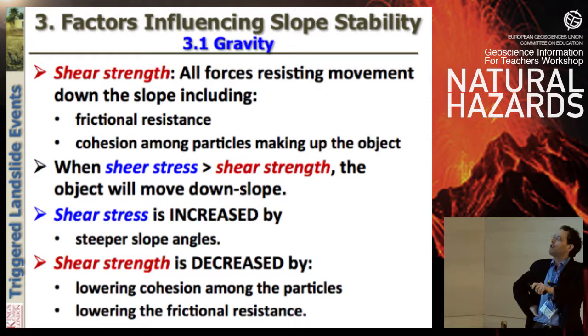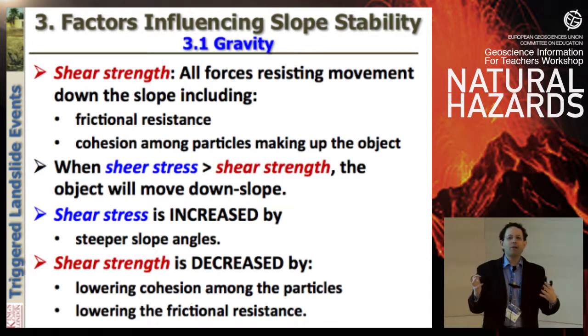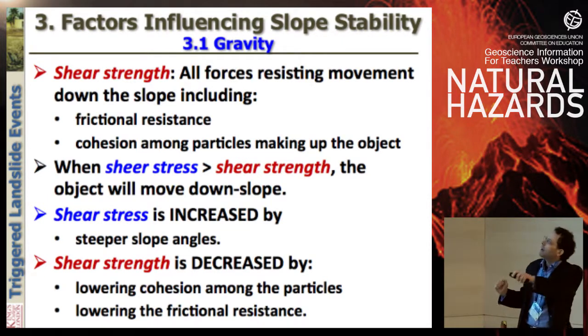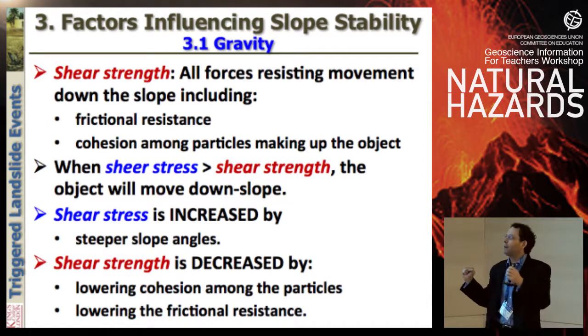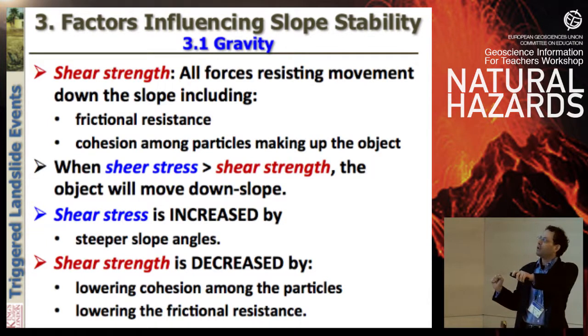So we talk about shear strength, and the shear strength is all the forces resisting movement down the slope. They include frictional resistance. They include the cohesion of the particles themselves. When the shear stress gets greater than the shear strength, the object's going to move.